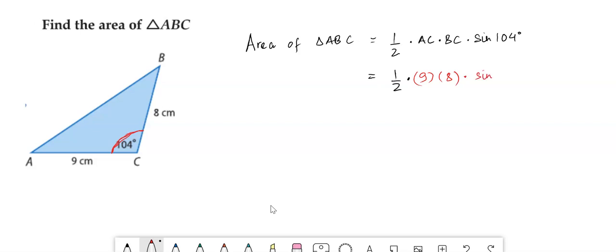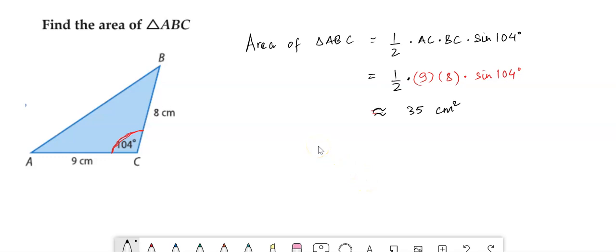And we have to find the sine of 104 degrees, which you can find using the scientific calculator. When you solve it, you are going to get approximately 36 square centimeters. That's an approximate value. You can write the accurate value using the calculator. And we are done with the lesson.